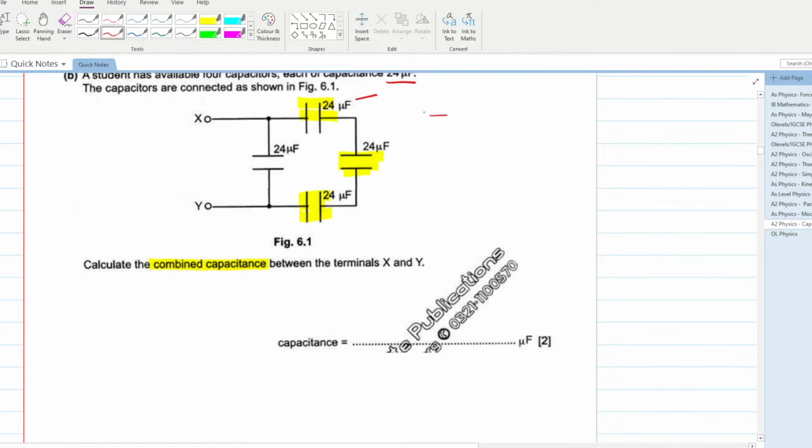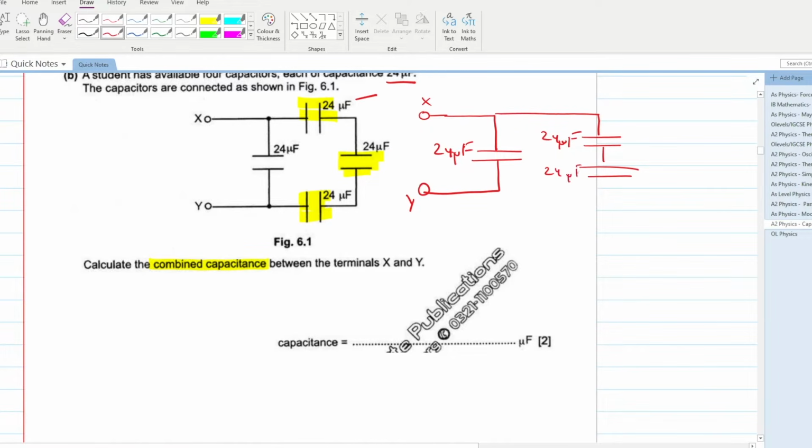So I can draw the circuit something like this. Something like X Y ये आ गया और ये सारे series में. So what I can do is 24 microfarad and here 24 microfarad and again 24 microfarad, something like this. ठीक है.